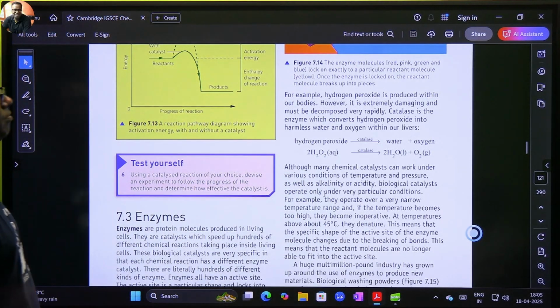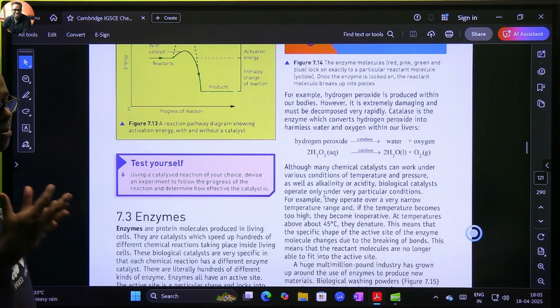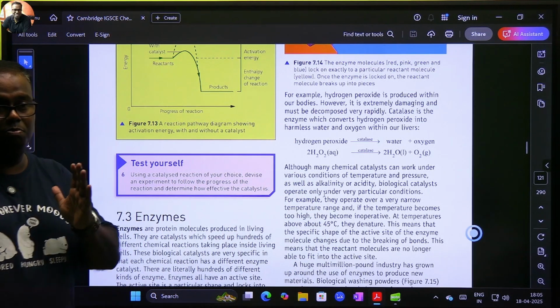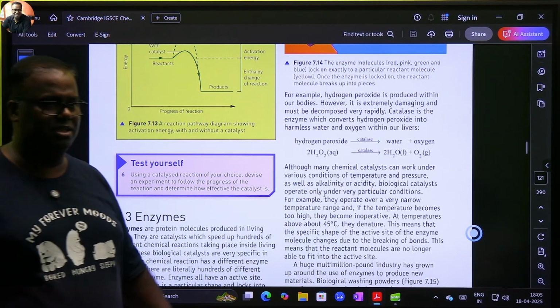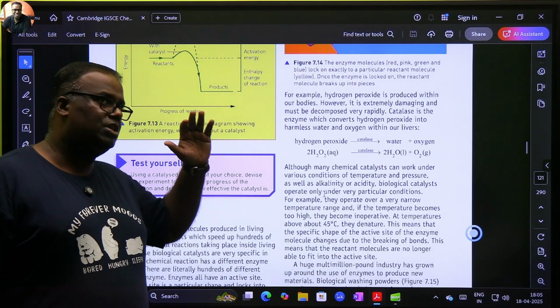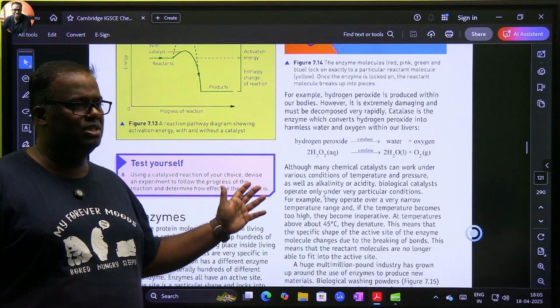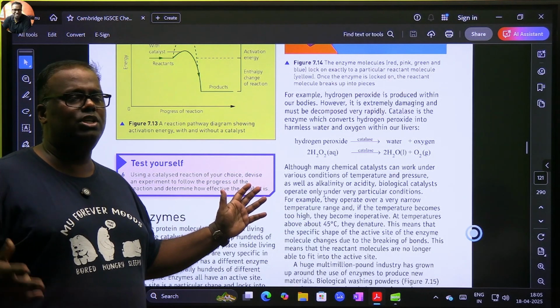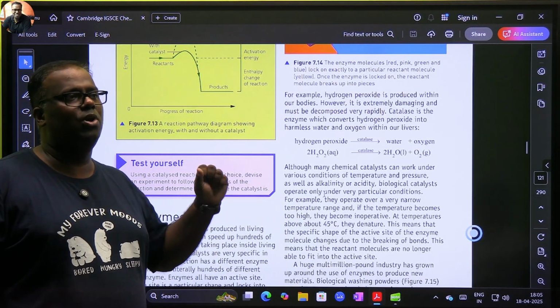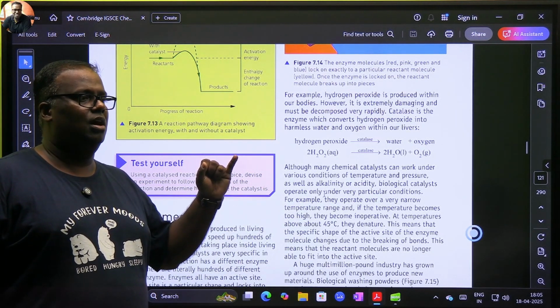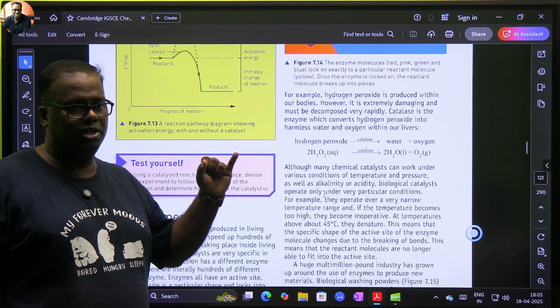Now, there's a difference between biological catalyst and chemical catalyst. So, how did we start our discussion? We started with catalyst, then we understood industrial catalyst, then what a catalyst does. One, the catalyst creates a platform for the reactant molecule.